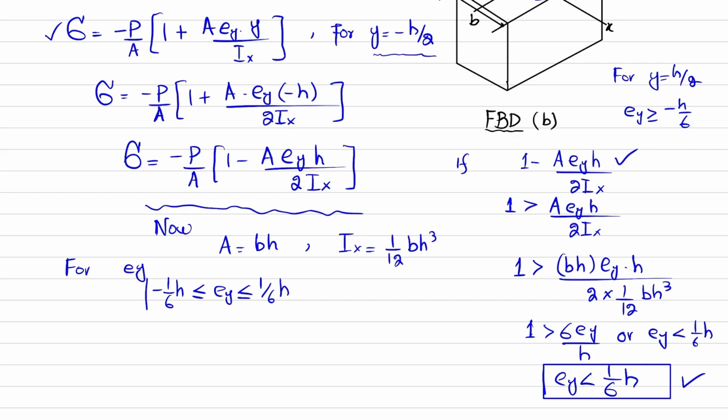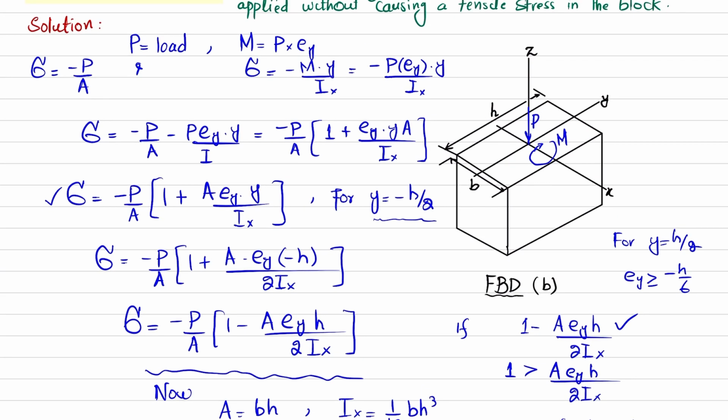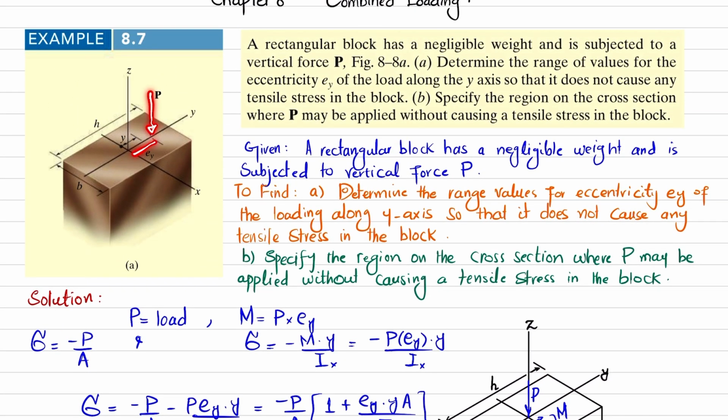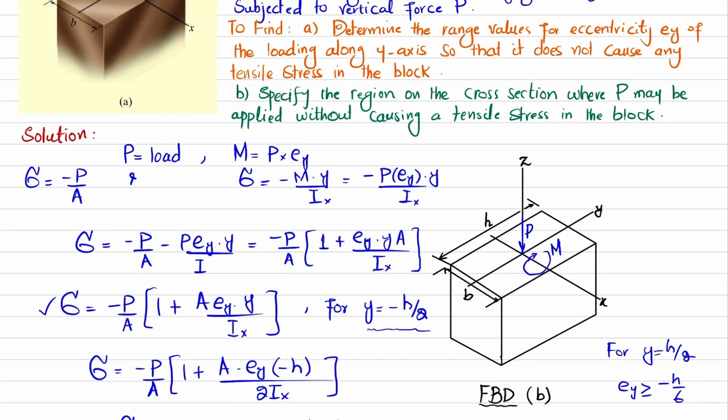So if you put the ey distance in this range for this load P, whether you move it toward the positive or negative side, clear? For example, let this point be G and this point be F. This is the range. This distance is minus 1 over 6h and this distance is plus 1 over 6h.